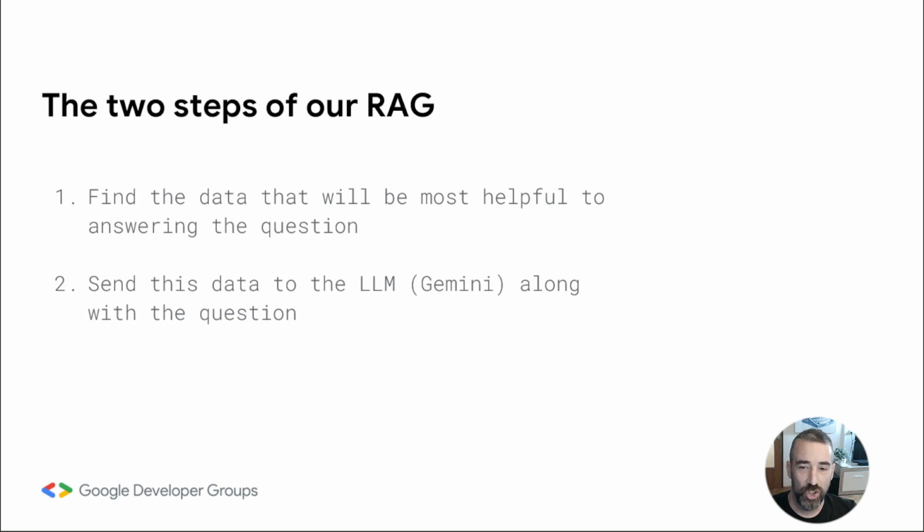First, you want to browse and find the data that is most useful for answering the query you have. Meaning you could have thousands or tens of thousands or millions of entries of, for example, past user support tickets.